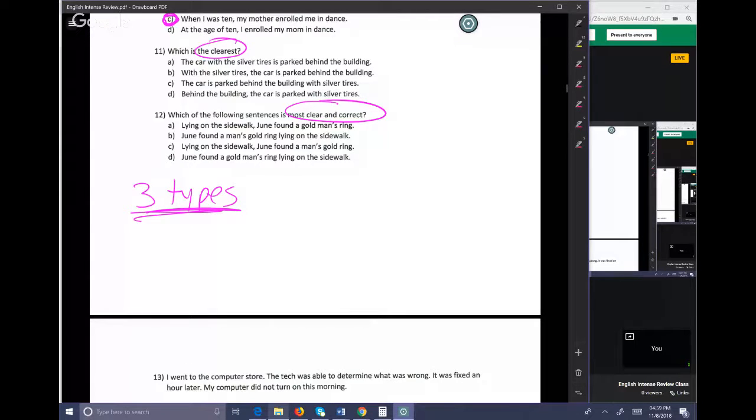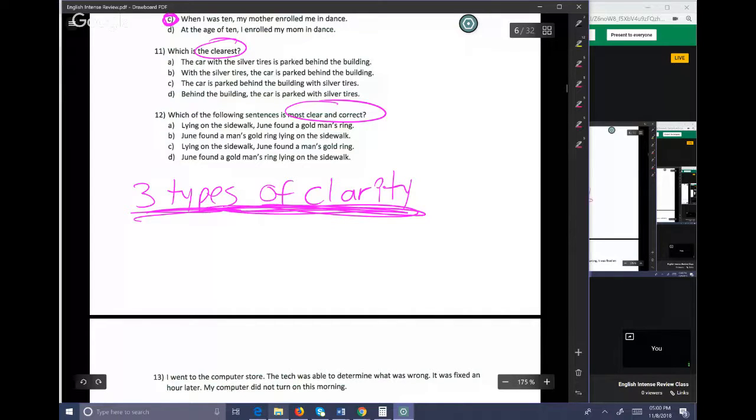So something that you can start expanding to now is when you do see clarity, instead of just recognizing that it's clarity or it's not clarity, you can also recognize that there are a few different types of these. So there's, I guess we're going to say, word organization. That's what we're working on right now.